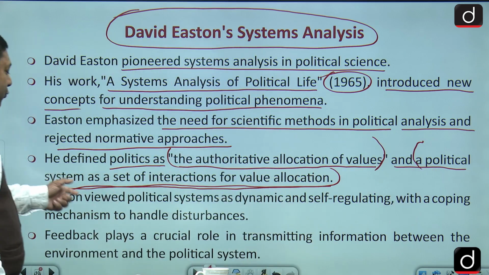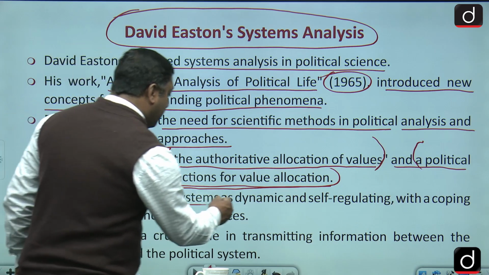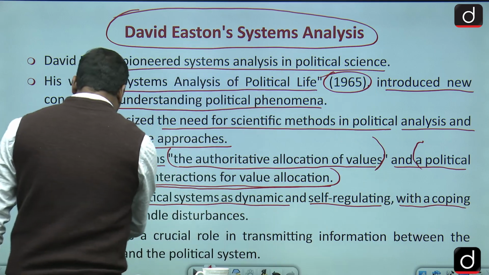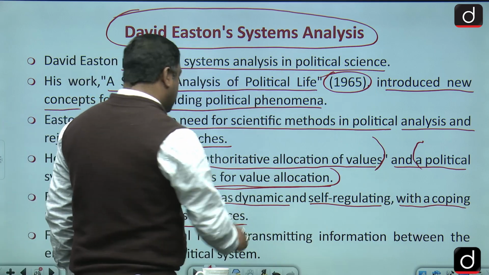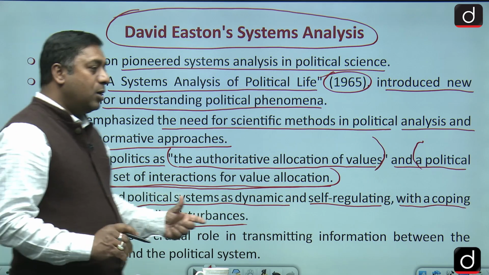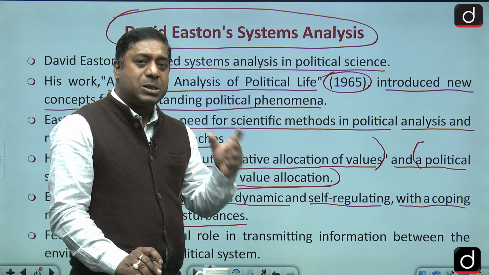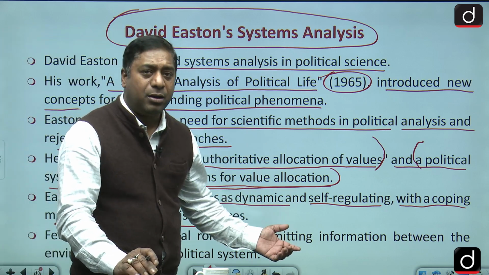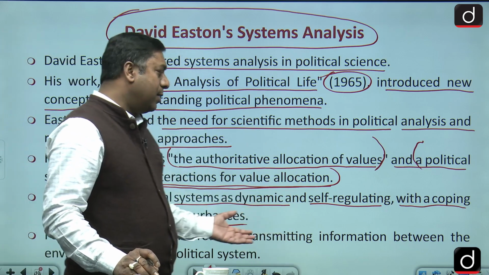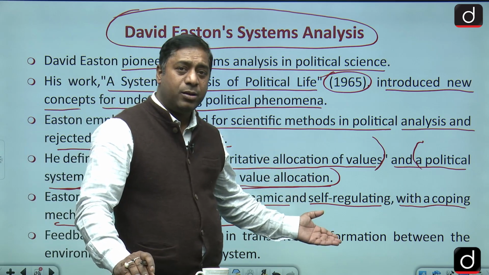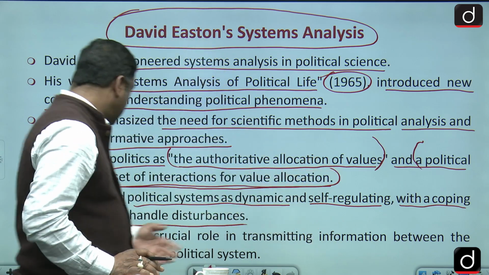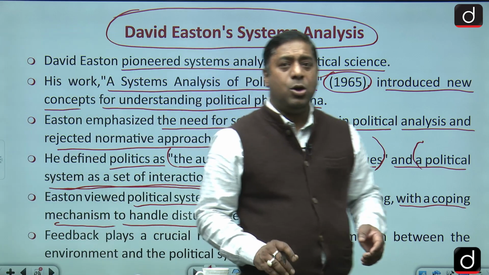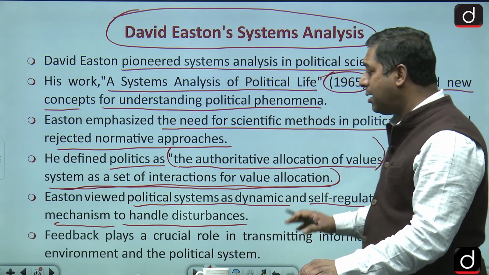So in Easton's view, the political system is dynamic and self-regulating, with a coping mechanism to handle disturbances. That means Easton viewed the political system as dynamic. That means it's never the same. It will change. But it is self-regulating and it has a coping mechanism to handle whatever disturbances are there.